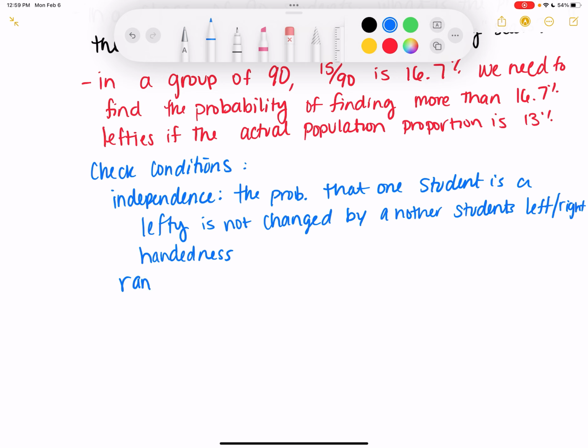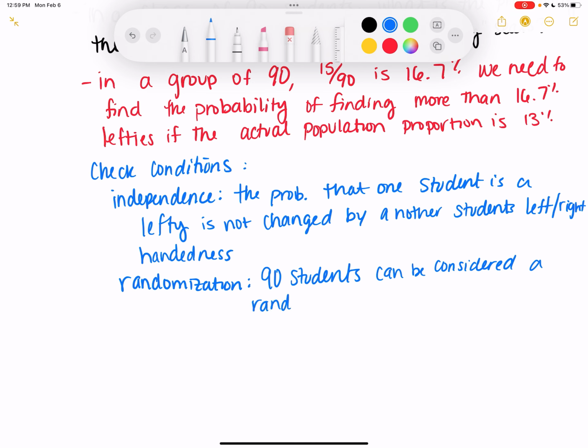As far as randomization, 90 students can be considered a random sample.